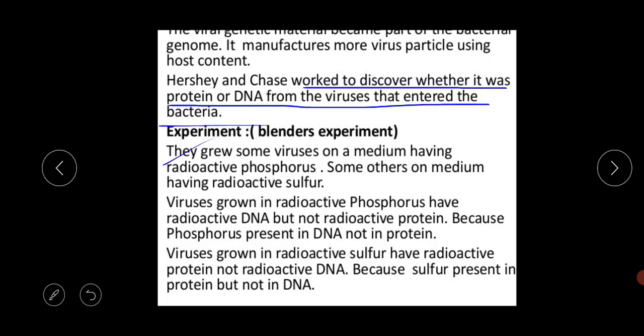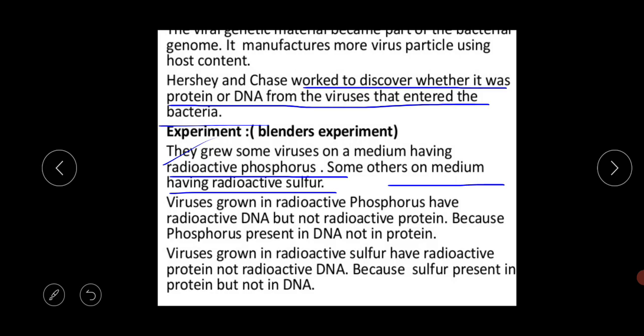They grew some viruses on a medium having radioactive phosphorus and others on a medium having radioactive sulfur. So they used two radioactive isotopes: radioactive phosphorus and radioactive sulfur.